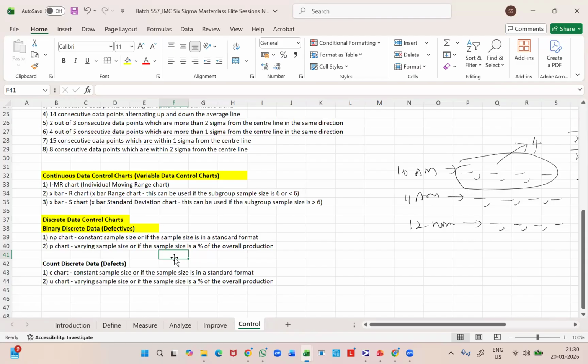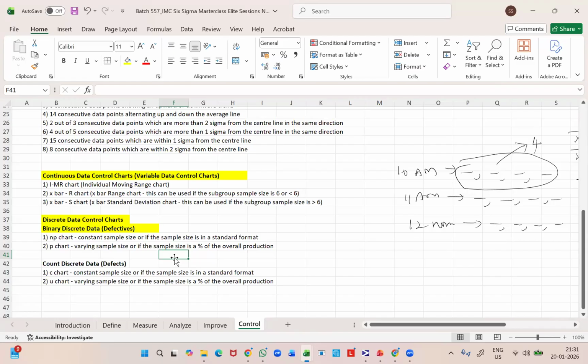So you need to look at which metric or which data you need to plot in the control chart. If it is going to be defectives data, then we need to find out whether the sample size is varying or the sample size is constant. So if the sample size is constant, or if they had mentioned in the case scenario that the sample size is in a standard format, then we need to apply NP chart for that scenario.